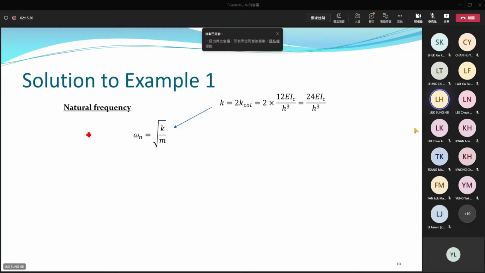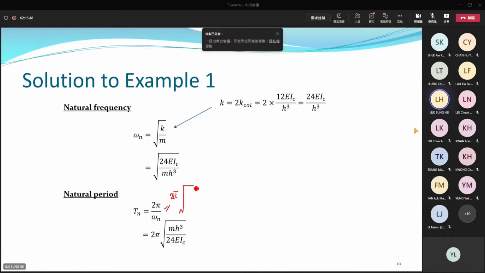Column stiffness equal to 12 EI over h cubed, so 24 EI over h cubed. So this is the natural frequency. Natural period, 2 pi over omega n. If you like, you may convert the equation to 2 pi square root of mass over stiffness. You can calculate period directly because we know the formula for omega n.